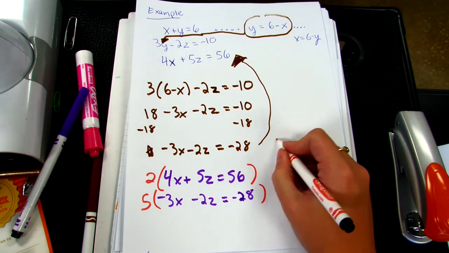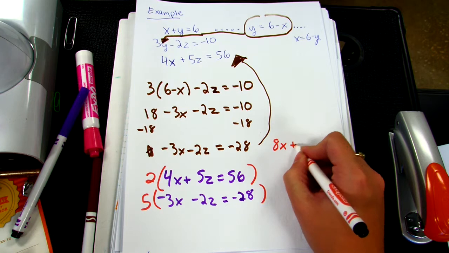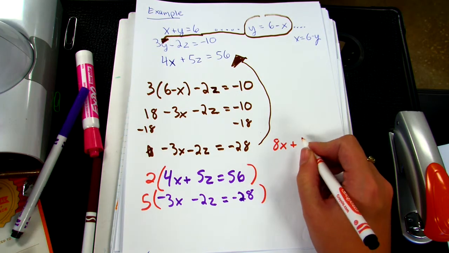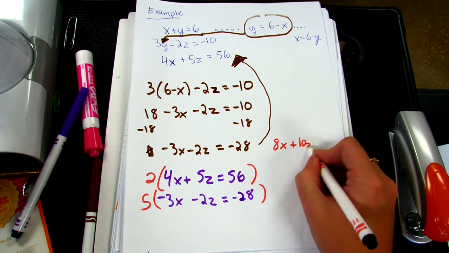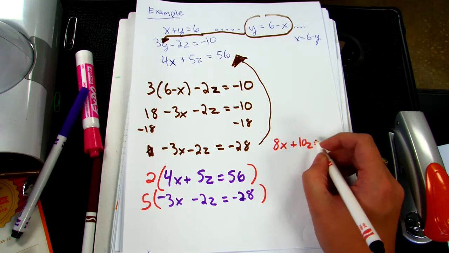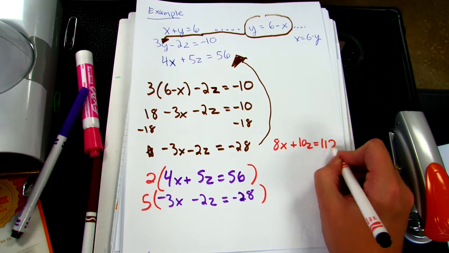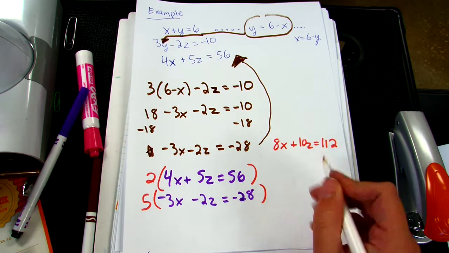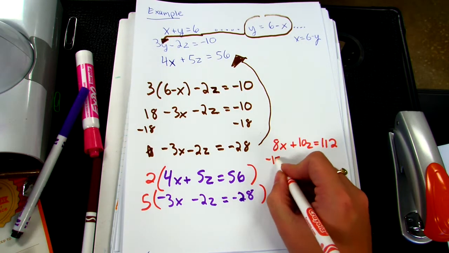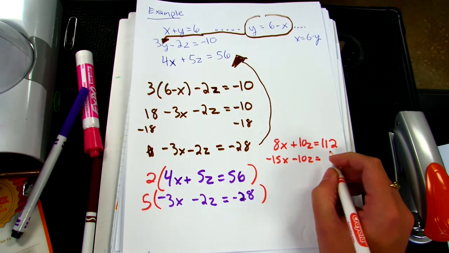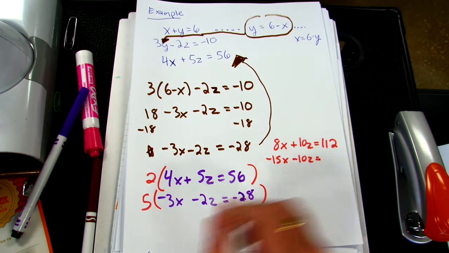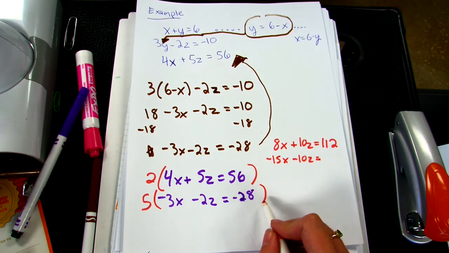So this becomes 8x plus 10z equals, double of 56 is 112. And then my second equation becomes negative 15x minus 10z equals the double of 5 times negative 28 becomes negative 140.